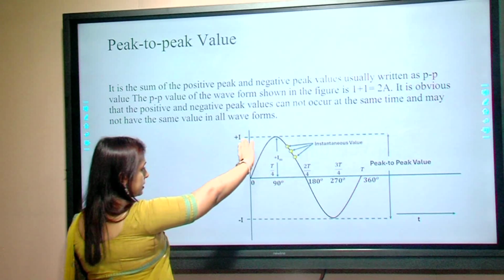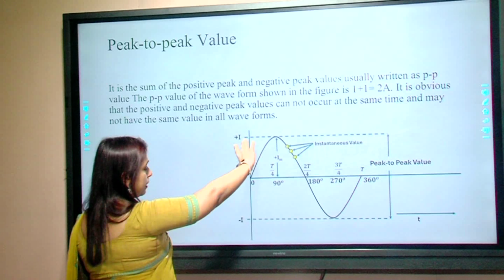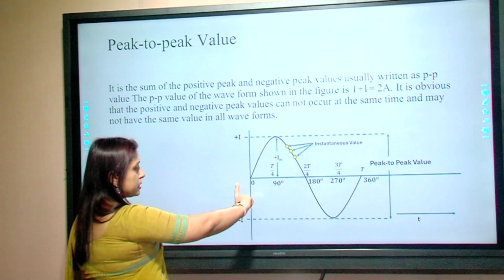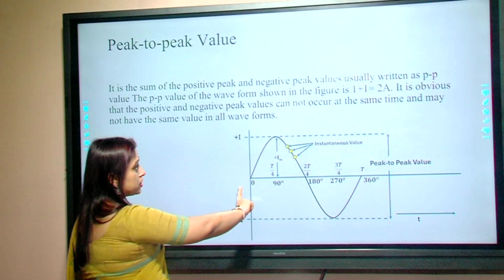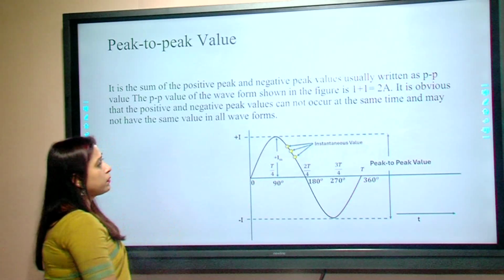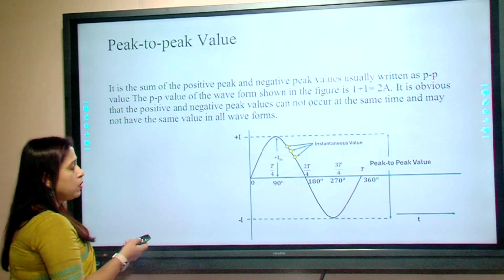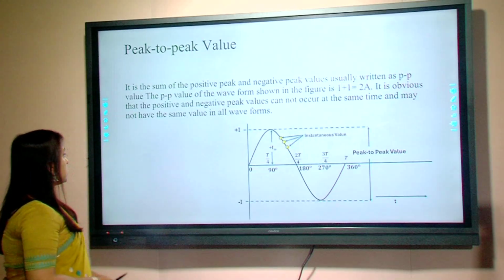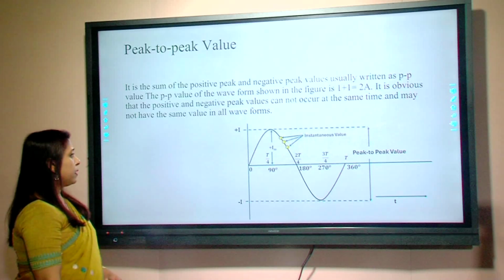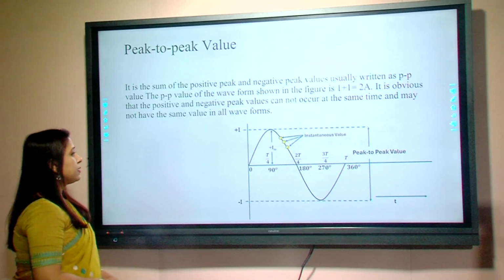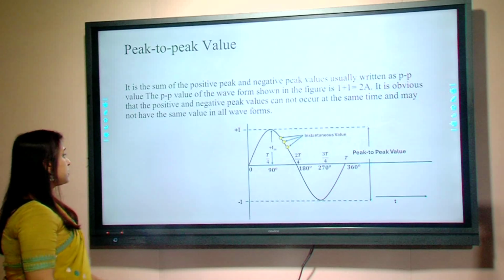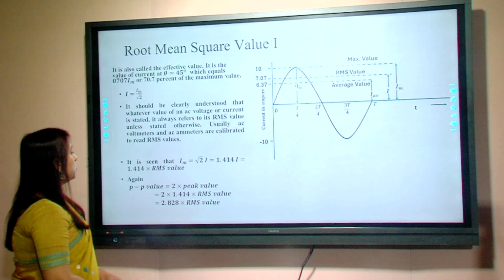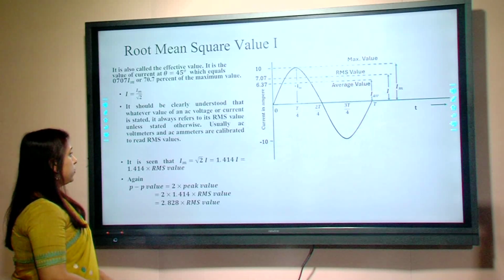So if the maximum current is 1 ampere in the positive direction and maximum current is 1 ampere in the negative direction, then the peak to peak value can be 1 plus 1, 2 ampere. It is obvious that the positive and negative peak values cannot occur at the same time and may not have the same value in all kinds of waveforms. Next, we are moving to root mean square value.